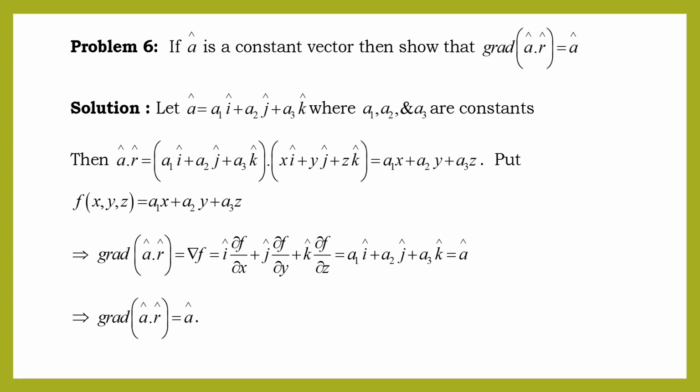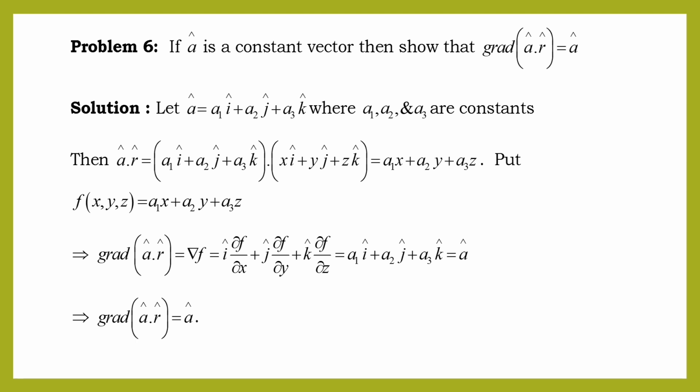Suppose a cap equals a1 i cap plus a2 j cap plus a3 k cap. When we say this is a constant vector, the coefficients a1, a2, a3 are constants; they must not be variables.